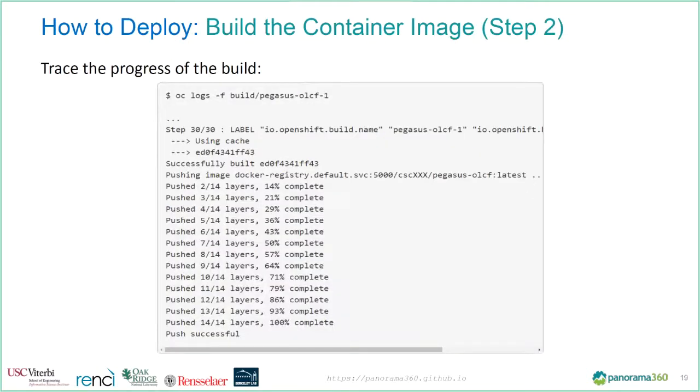Building the image can take a while, approximately 20 to 30 minutes. However, you can always follow the progress of the build by using the oc logs command. You can do oc logs -f and give the name of your build, and it will give you back a trace that updates as the log file updates.